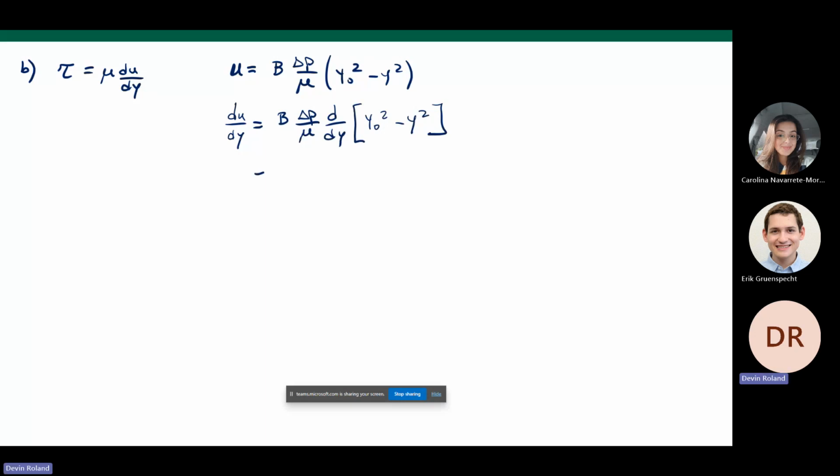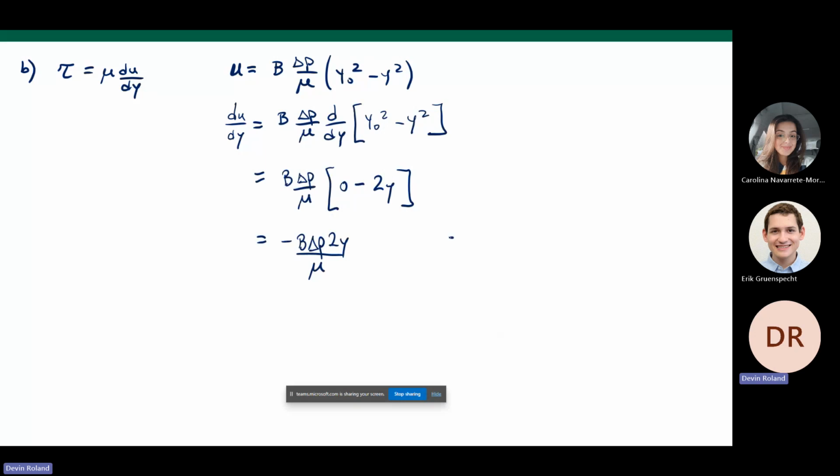So this is going to be equal to b delta p over mu times 0 minus 2y. And now we just distribute our constant term, and this will be negative b delta p 2y divided by mu.